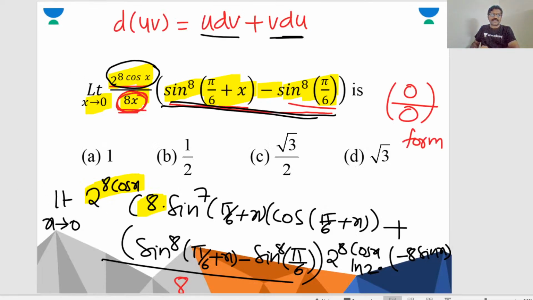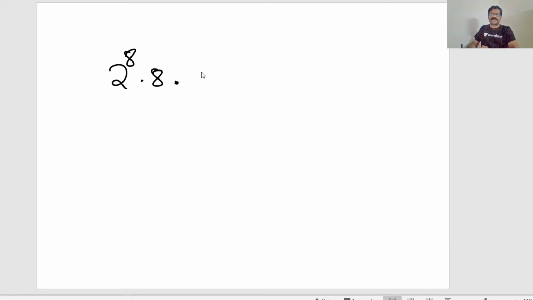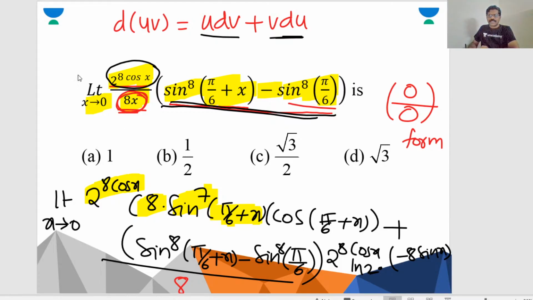Now, sine power 7 of pi by 6 plus x. When x is tending to 0, sine power 7 pi by 6, multiplied with cos of pi by 6 plus x. When x tends to 0, cos pi by 6.